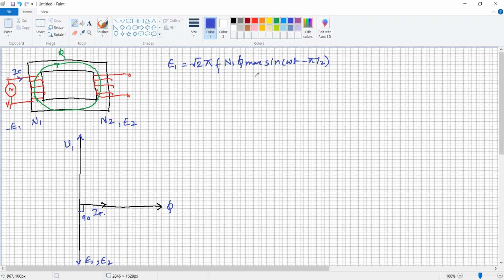Again we can write the equation E2 is equal to root 2 pi f N2 phi maximum sine omega t minus pi by 2. So we are writing only the RMS value, only the magnitude.